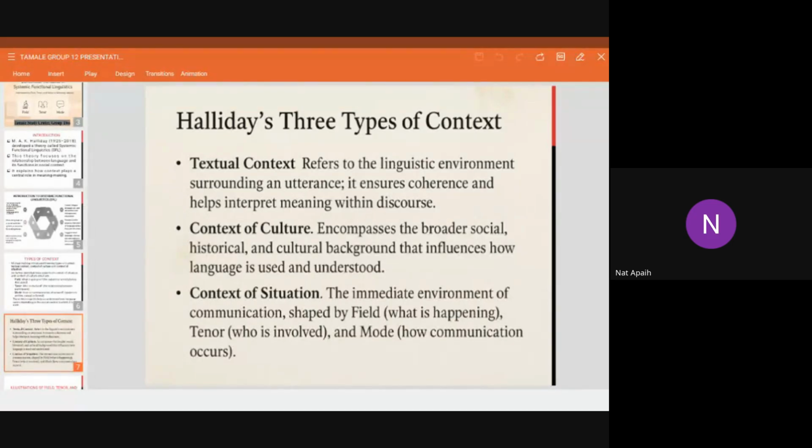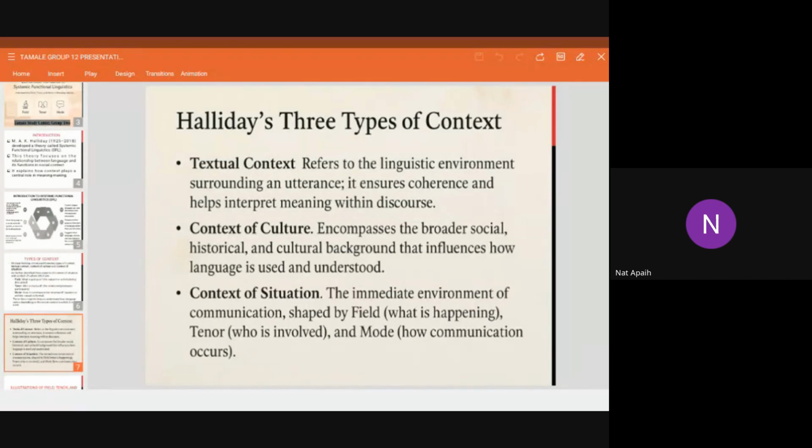Then the second one is the context of culture. So this one encompasses the broader social, historical, and cultural background that influences how language is used and understood. One of the presenters mentioned that in interpreting statements, we look at the context in which those statements are made, and we look at the environment.